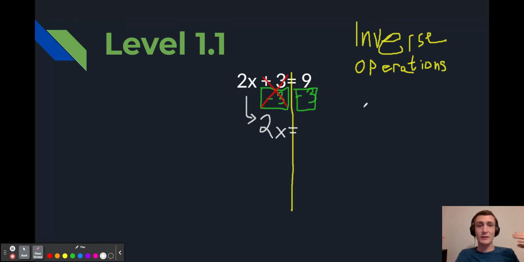Now, a lot of people get confused here. They'll say, okay, 2x equals 9, or 2x equals negative 3. But what we have to do here is combine these two integers. When we combine 9 and negative 3, some of us might be thinking, oh, that's 9 minus 3. It is 9 minus 3. That's exactly right.